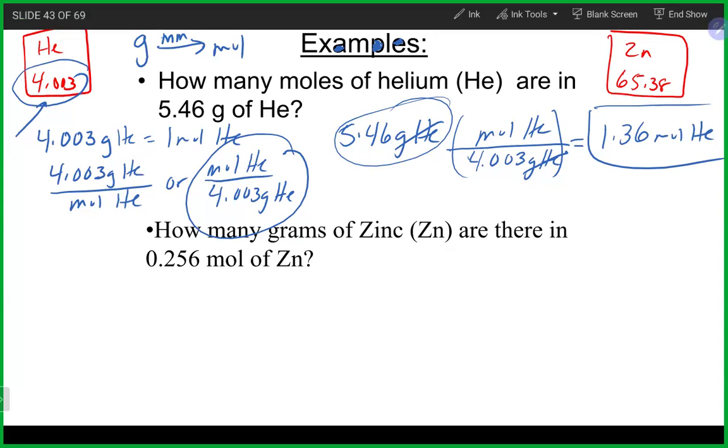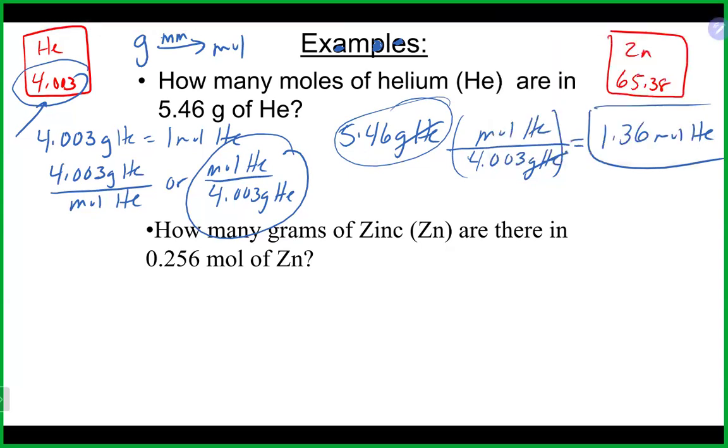We're going to take the same approach for the second problem, which is how many grams of zinc are there in 0.256 mol. The mol here is moles, so that is 0.256 moles of zinc. Do I need Avogadro's number in this one? Again, I do not. In this case, we're just doing the opposite calculation, moles to grams.